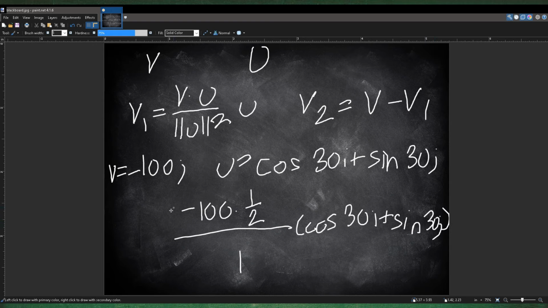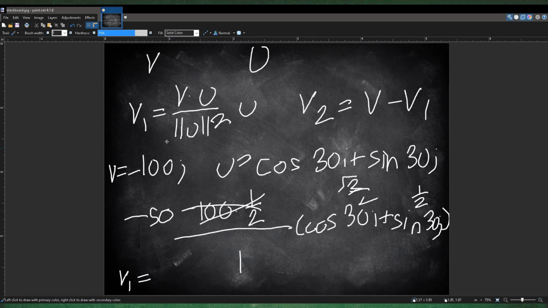So this is negative 50. So the v1 is equal to negative 50 cosine 30. Cosine 30 is square root 3 over 2, and sine 30 is 1/2.